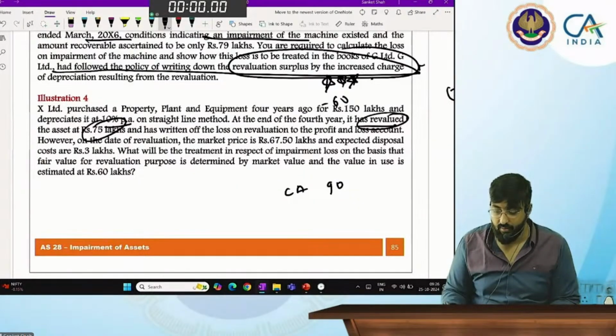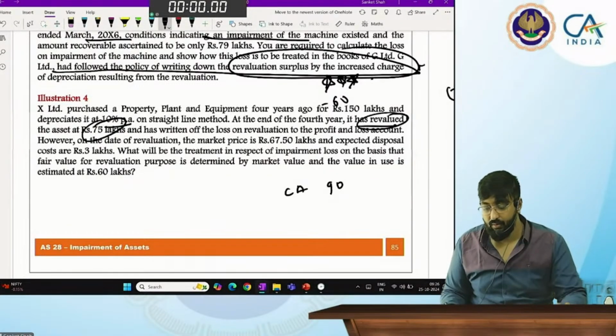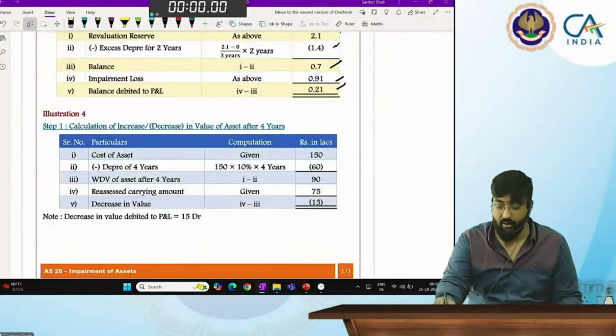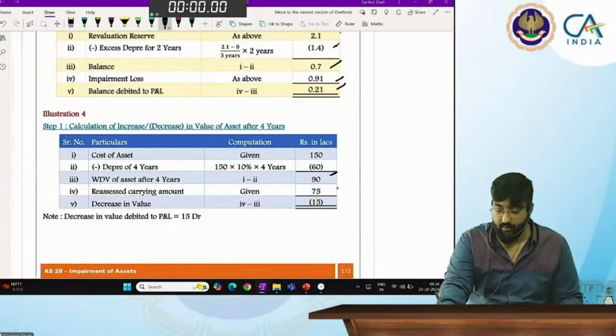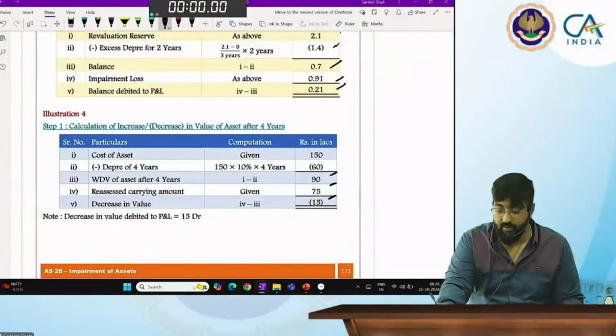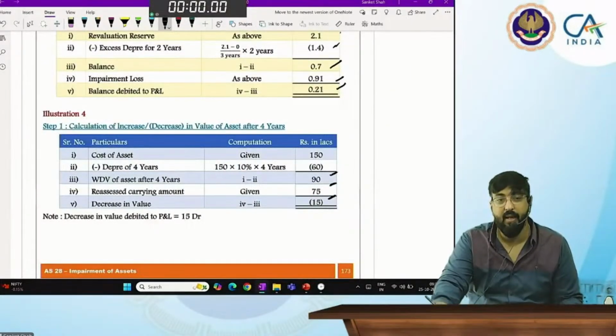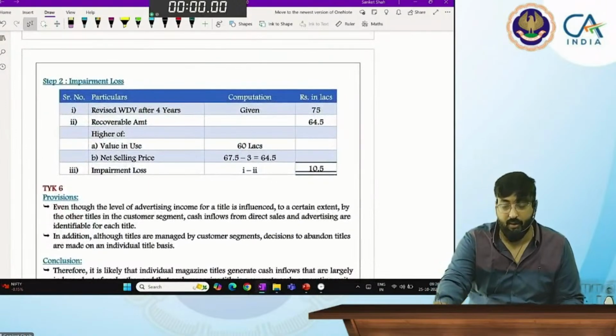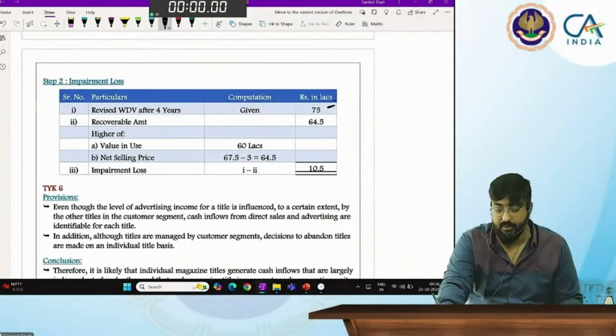Okay, 15. So your market value is 90 and your 75, meaning a decrease in value of 15, correct? And now you are continuing with 75 after 4 years.